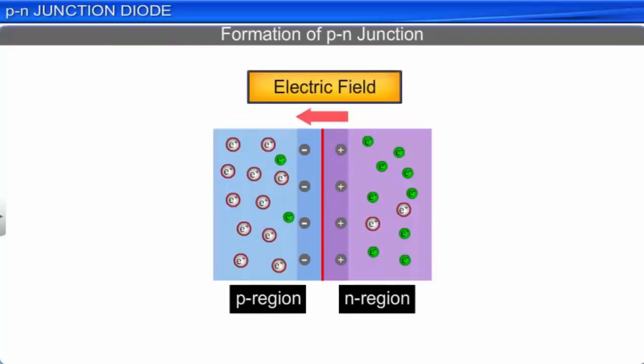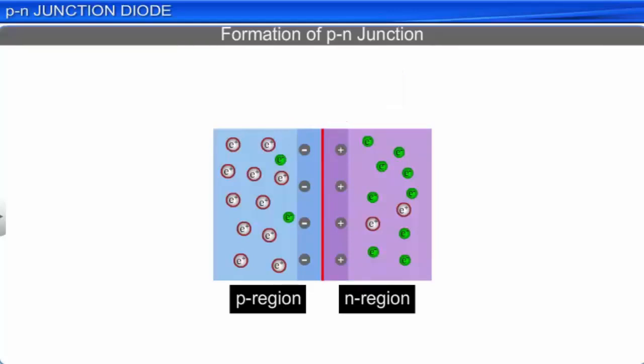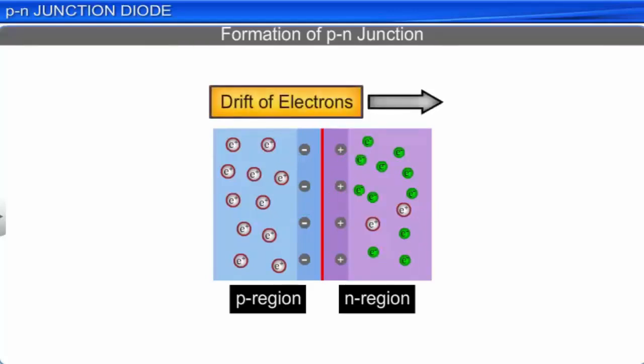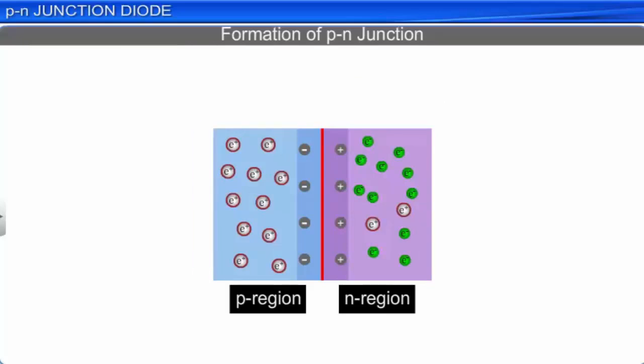The electric field across the depletion region causes electrons in the p region to move to the n region. This is called the electron drift. Simultaneously, the electric field across the depletion region causes the holes in the n region to move to the p region. This is called the hole drift.